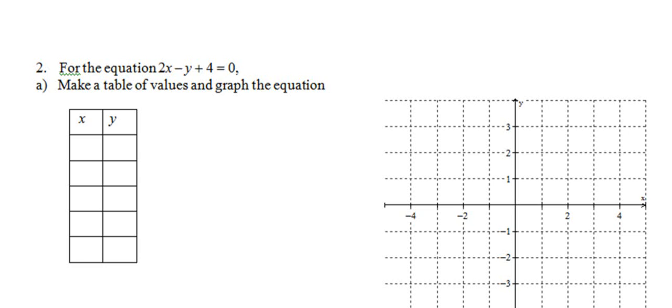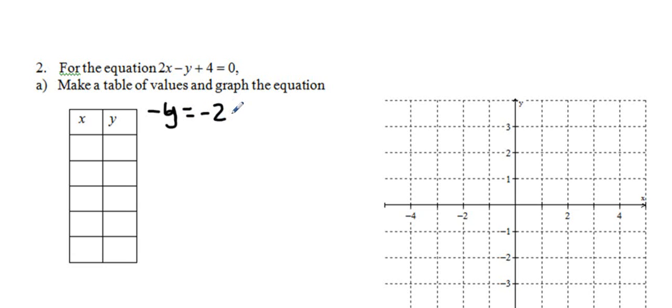All right, so it says for the equation 2x minus y plus 4 equals 0, make a table of values and graph the equation. Well, it's much easier to make a table of values when you have the equation in y equals mx plus b form. So that's what we're going to do first. So we're going to take the minus y, we're going to take the 2x and the 4 and move it to the other side.